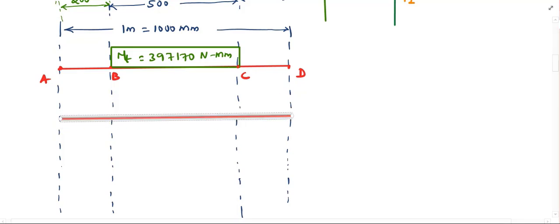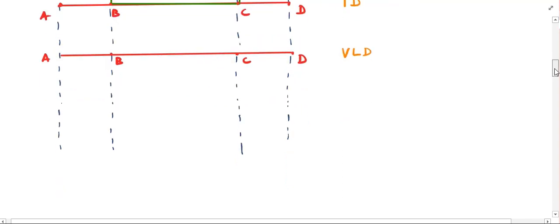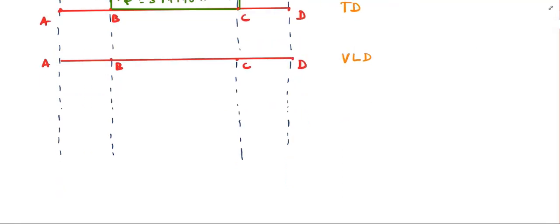This is your VLD diagram, as the points are A, B, C, D. This is your torque diagram TD, this is your vertical load diagram, and here I have a horizontal load diagram.